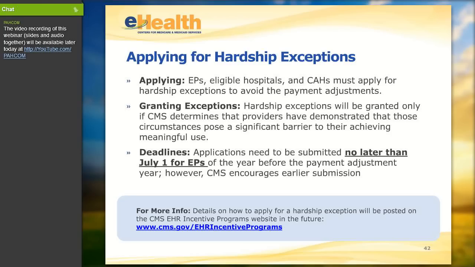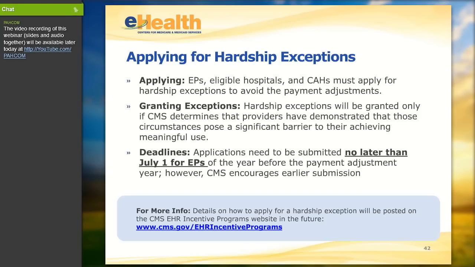Some of that will be because you might be changing over to a brand new product and you weren't able to get that product implemented into your practice in time. For some people, it will be because the product is available, but there wasn't enough time to implement it into workflow. So there's a hardship exception for that. That hardship exception will, again, only exempt you from payment adjustments. It will not do anything for you receiving an incentive payment.